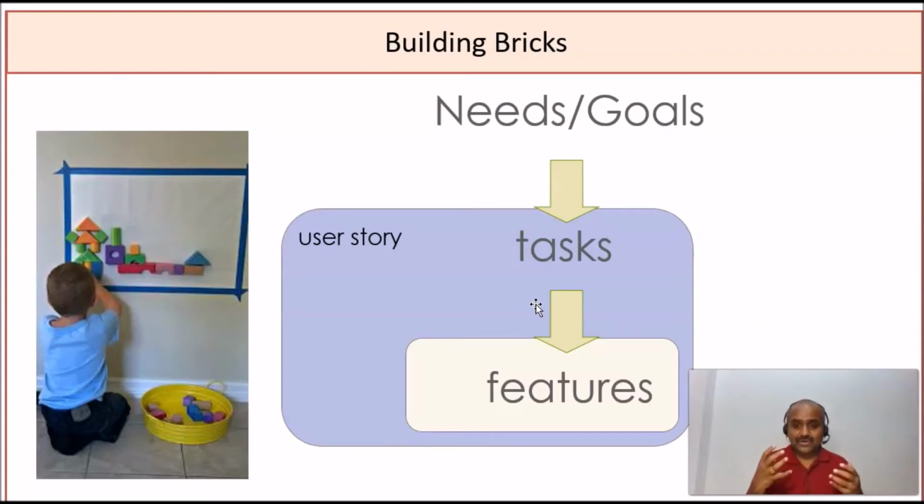So whenever we want to define the user features, basically we'll first think through their needs and what goals they want to achieve. Now, their needs, their goals need to be split into tasks, and those tasks give rise to our features. This is what is the building bricks of building features into our product.